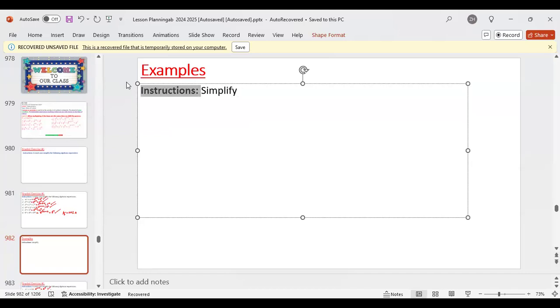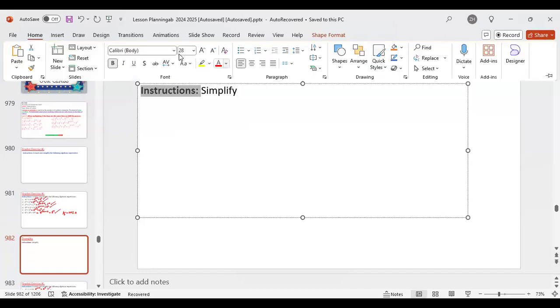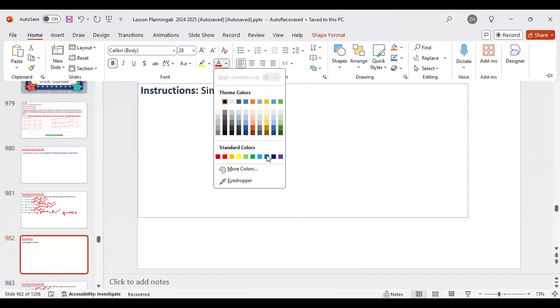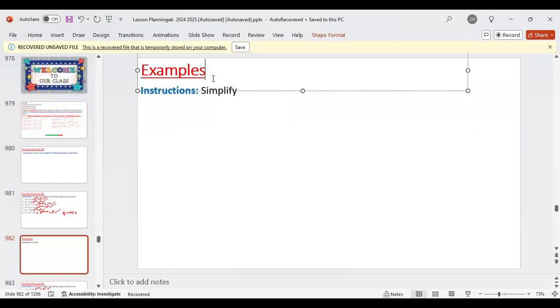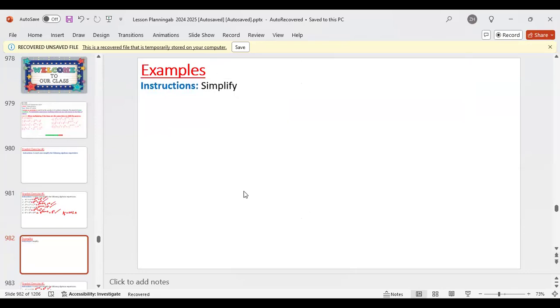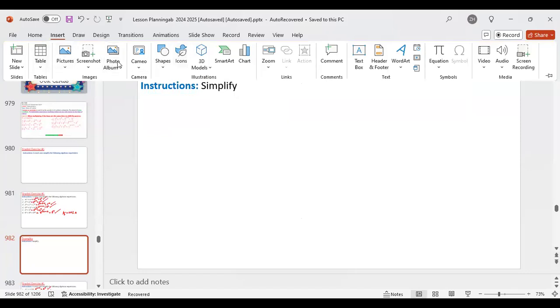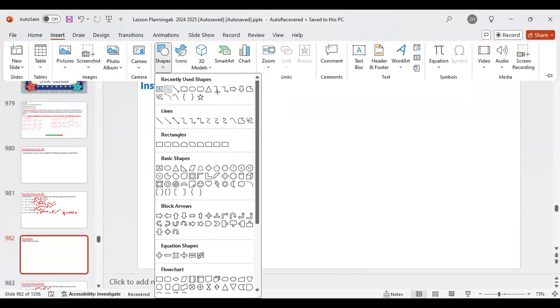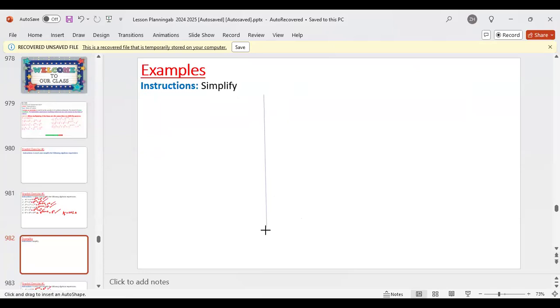What I'm going to do is divide this into 3 so that we can have all the space that we need to do this. All right, that should be good.